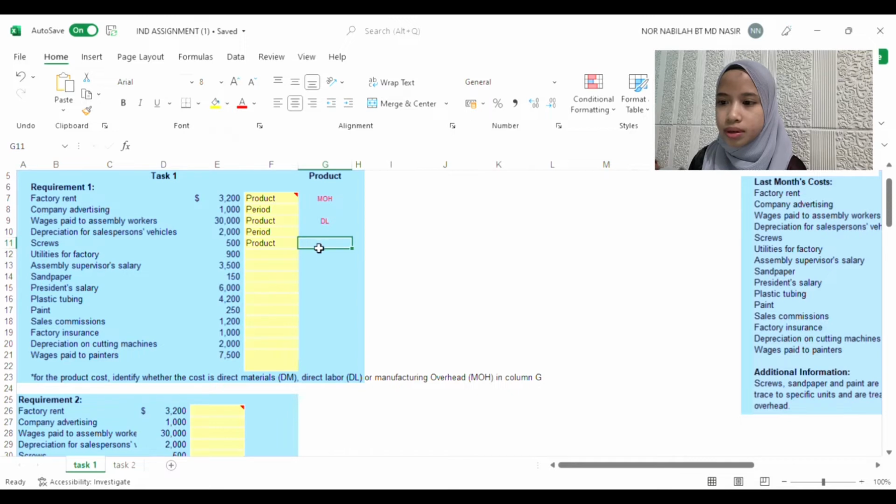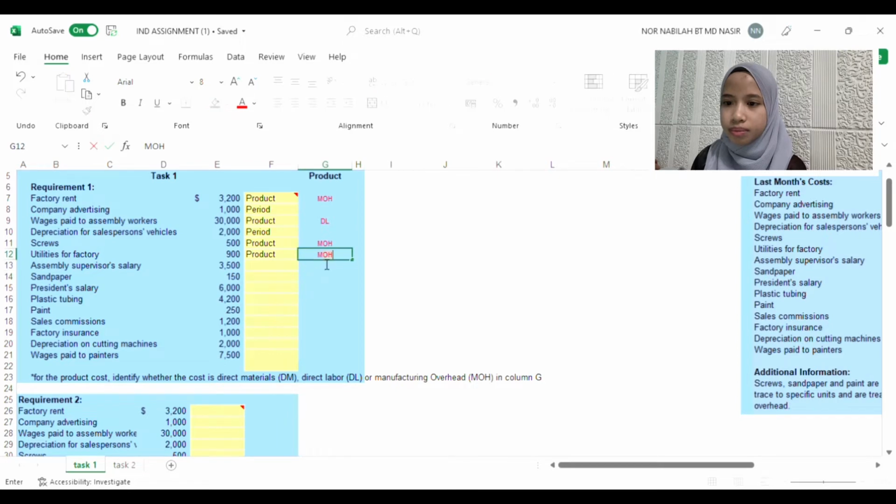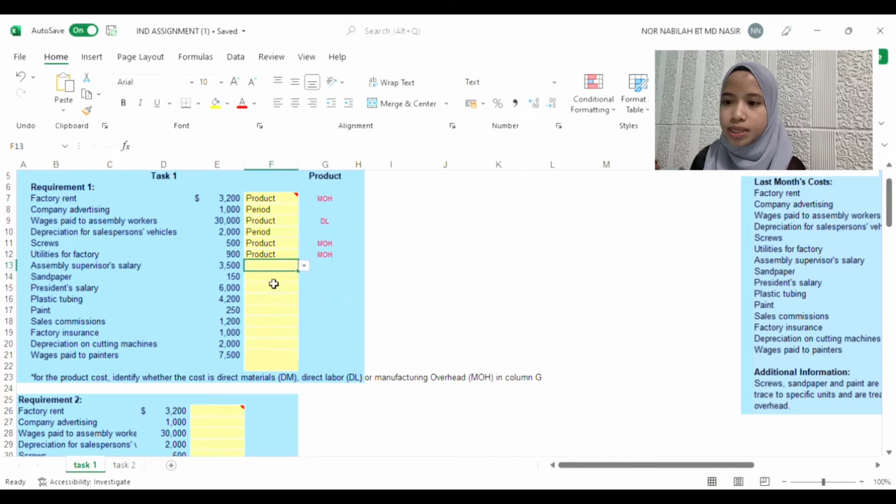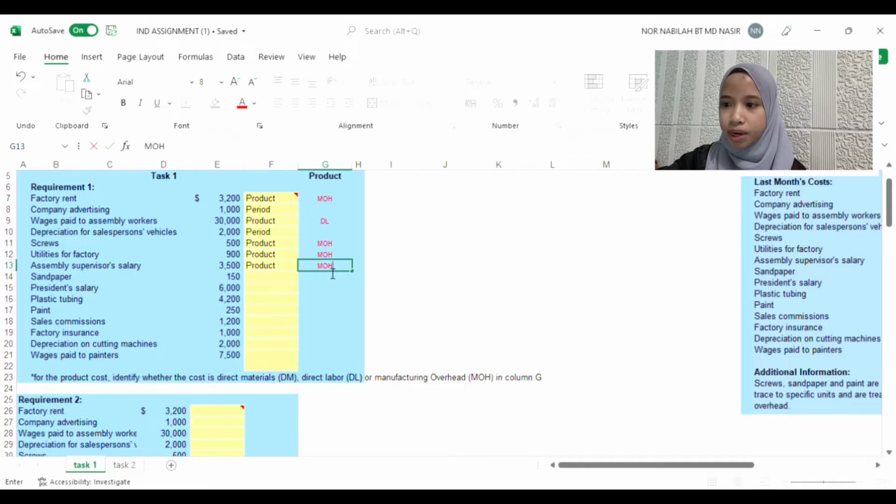Screws, product cost, manufacturing overhead. Utilities for factory, product cost, manufacturing overhead. Assembly supervisor salaries is product cost, manufacturing overhead.